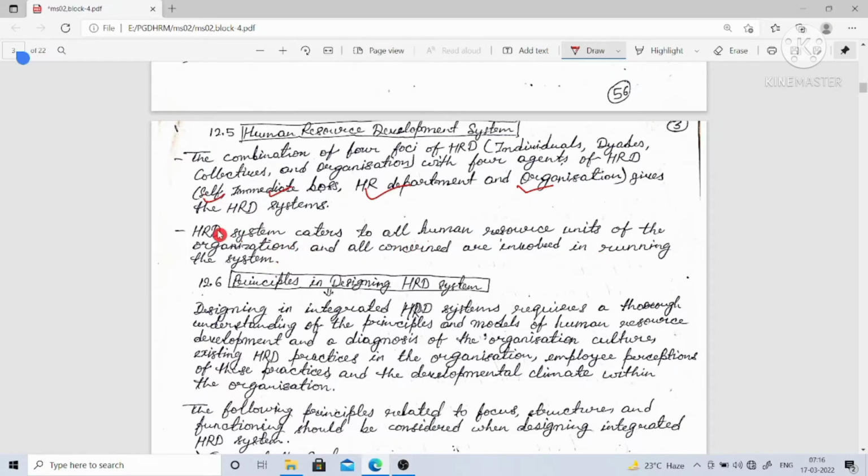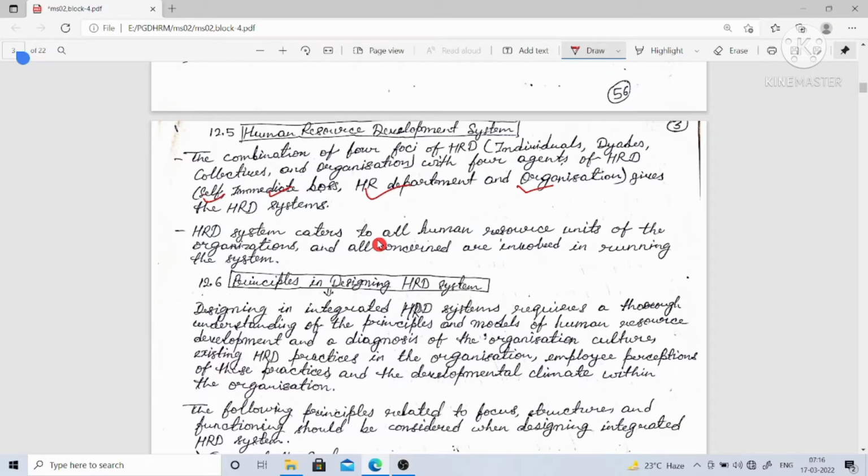You can see HRD system caters to all human resource units of the organization, and whoever is concerned is involved in running the system.